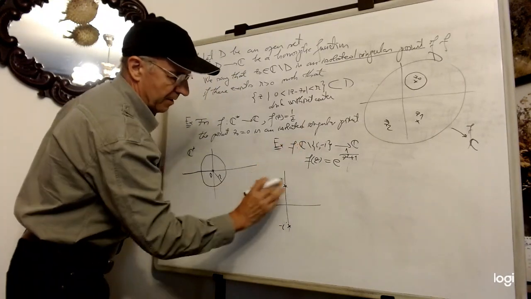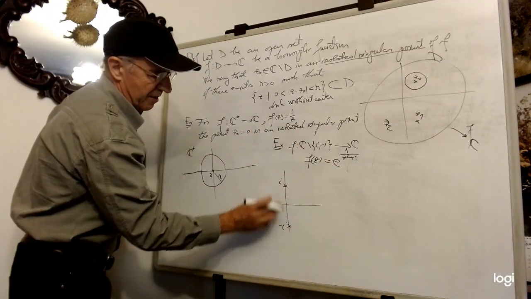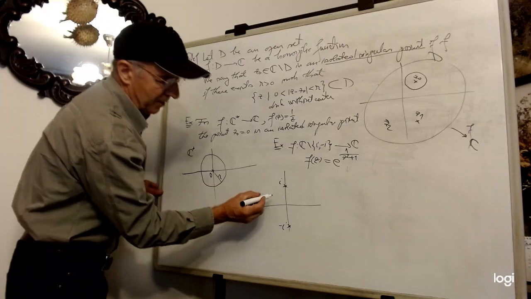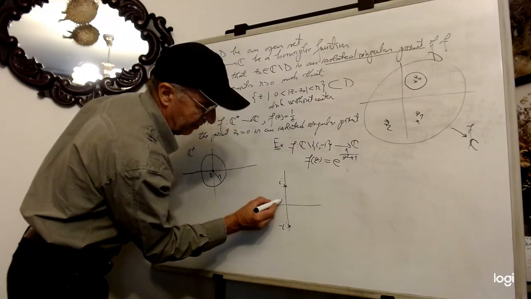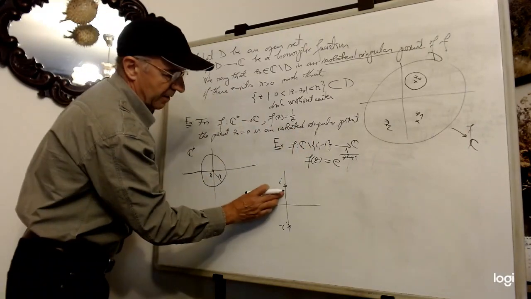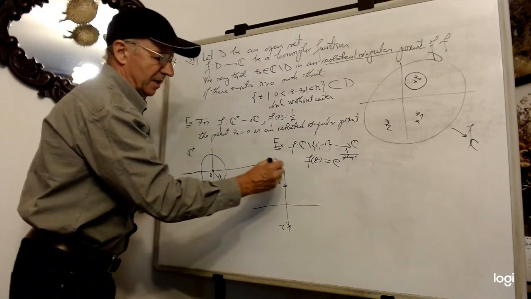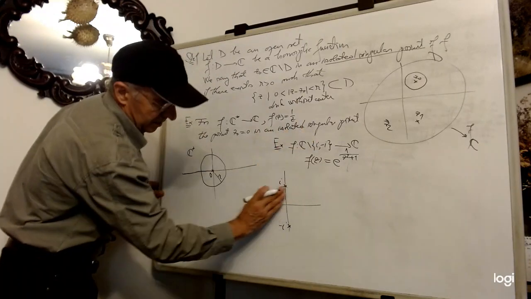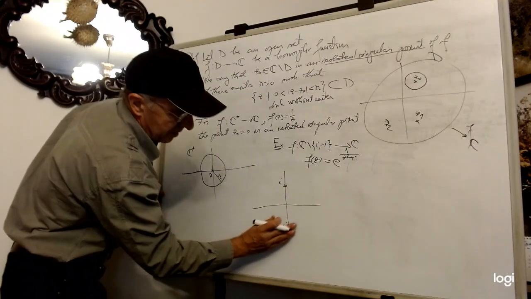In this case, the domain of definition is the whole complex plane except these 2 points, I and minus I. Evidently, it is an open set. For each point, you can find a disk contained in this set. These points are singular and isolated. Our function is holomorphic around each of them.